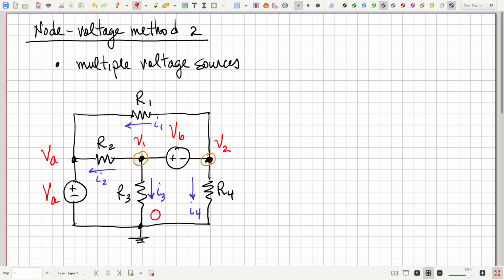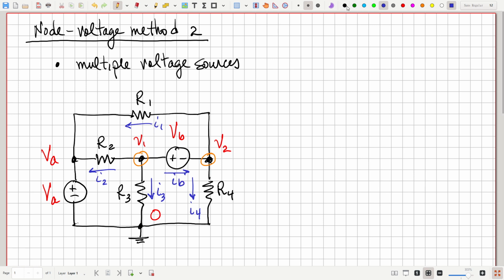Now you can see the problem here. Like if we go to do the node voltage equation here at node 1, we have a current I2 plus I3 plus this current has to be equal to 0. But what's this current? Well, let's just call it IB. It's the current through this voltage source, VB. Okay, so we give it a name.